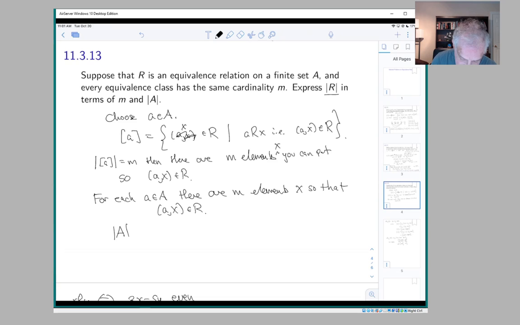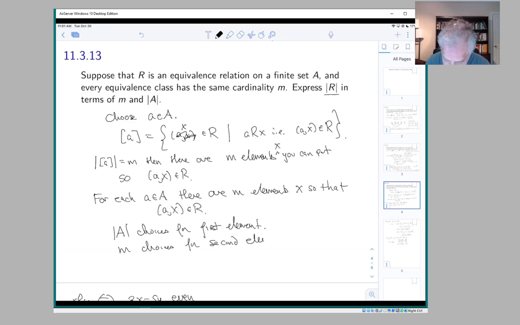There are n choices for the first element, namely any element of A, and there are m choices for the second, namely any element of the equivalence class of a. So the total number is m times n for the number of R.